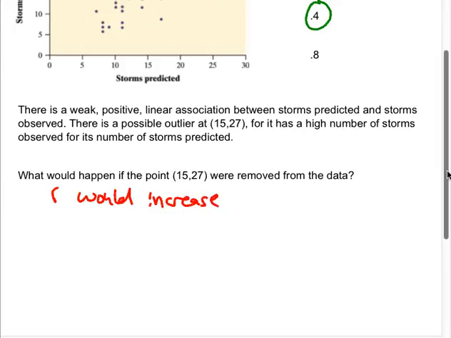Okay, whenever you remove an outlier, your correlation goes up. Well, actually, I should be technical, it gets closer to either 1 or -1, whether it's negative or positive, okay, to be technically precise. In this case, since it's a positive correlation, it would increase. It would strengthen the relationship to remove the outlier.